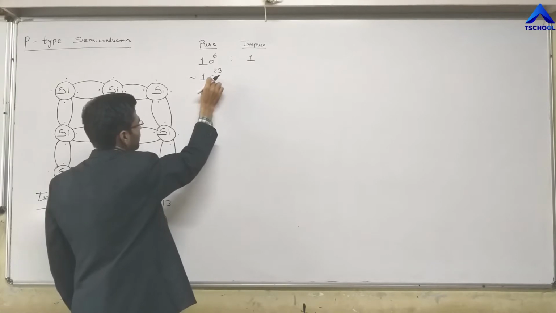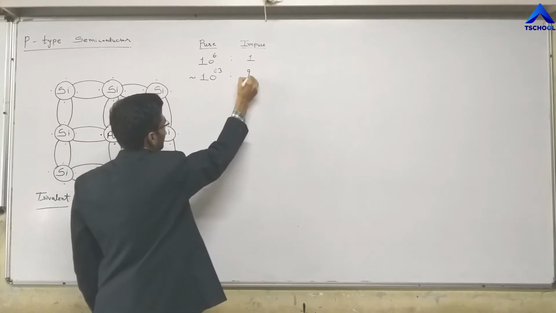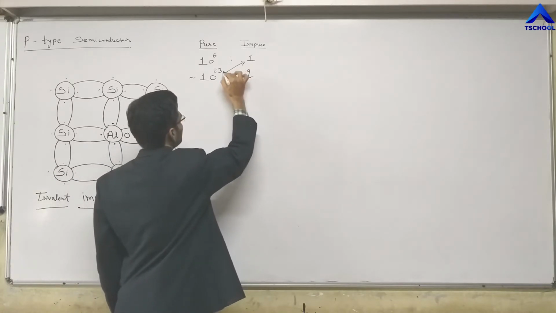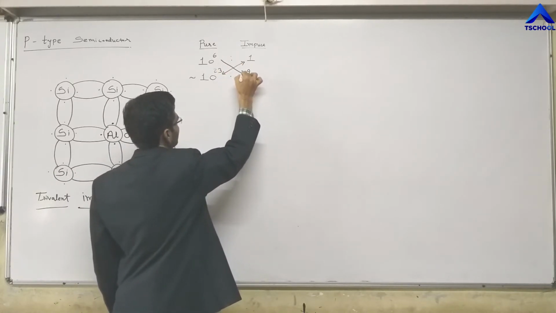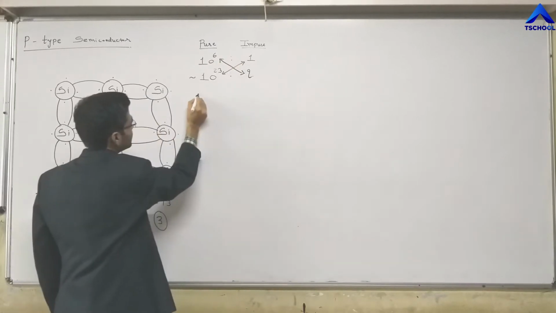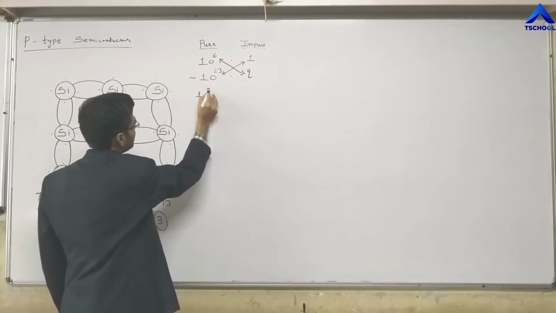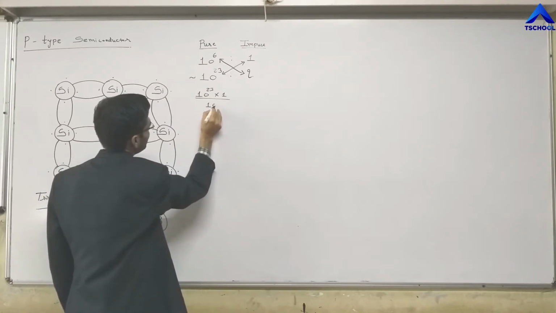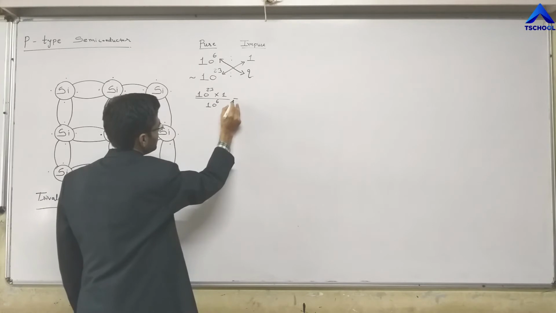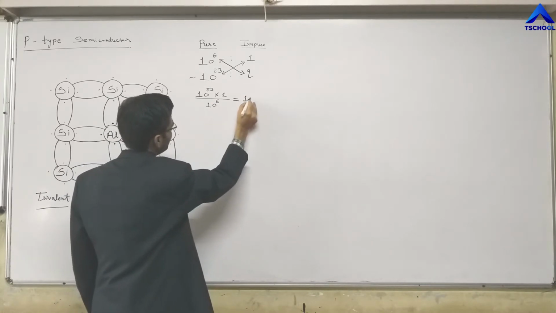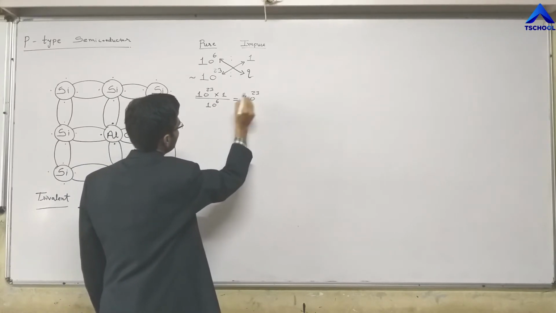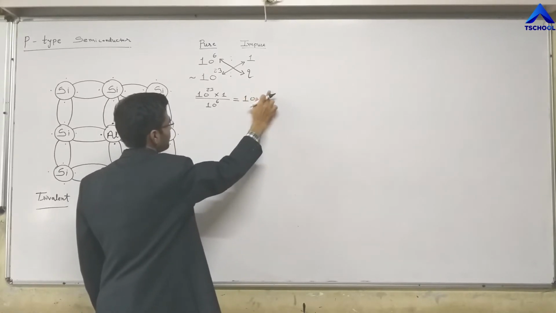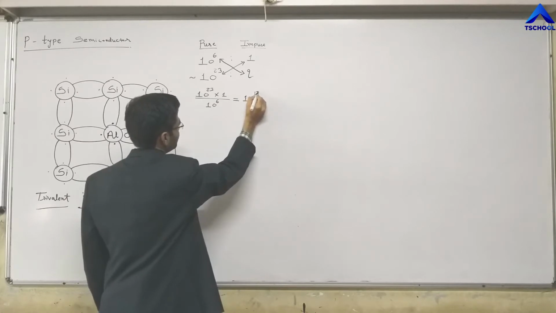Do the cross multiplication: 10 power 23 into 1 divided by 10 power 6, which is equal to 10 power 23 minus 6, which means 10 power 17.